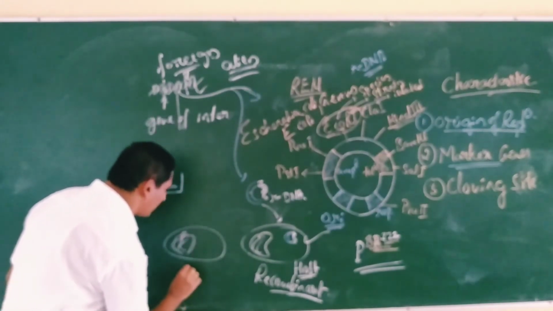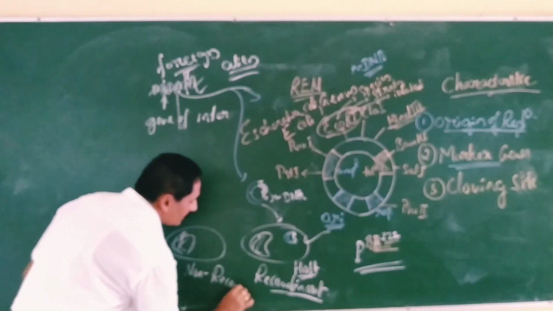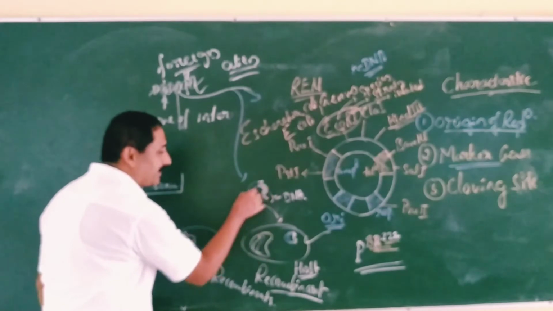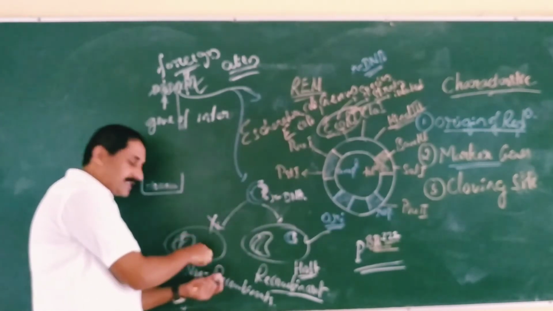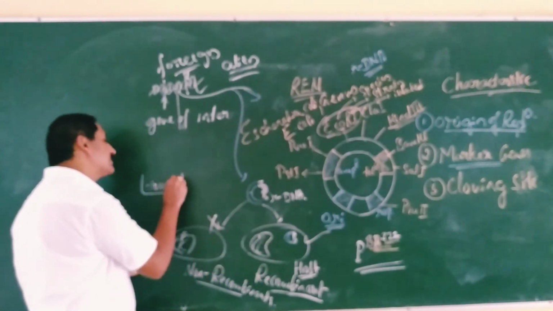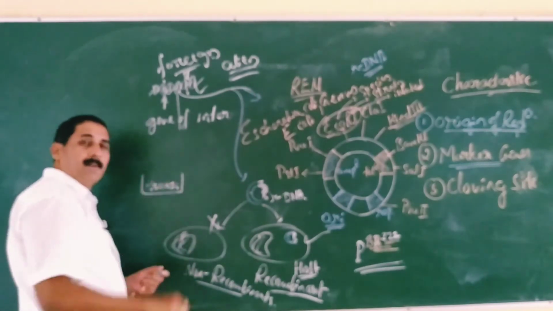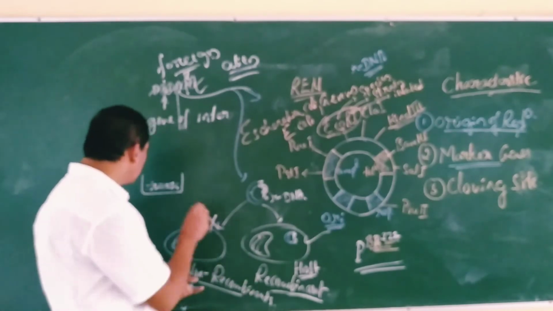Some of the bacteria are non-recombinant. The non-recombinant does not have the rDNA. It also multiplies and produces a large number of cells. The recombinant will also multiply and produce large copies of the cell, the clones of the cell.